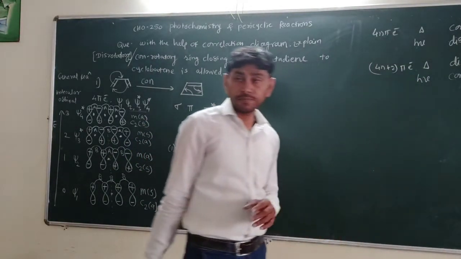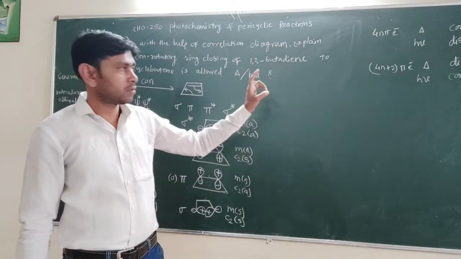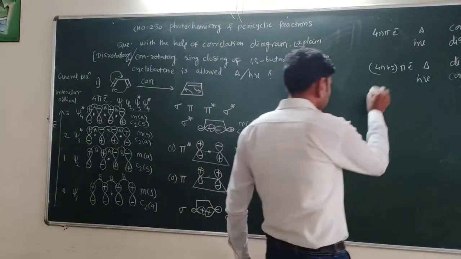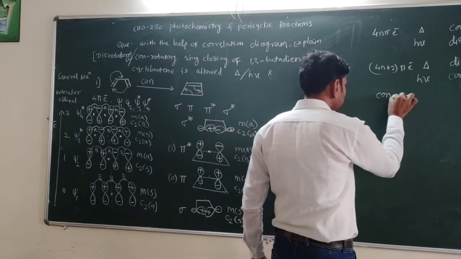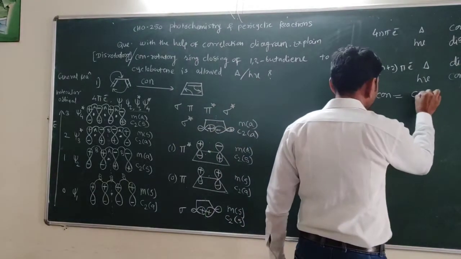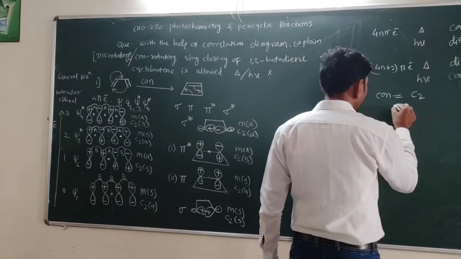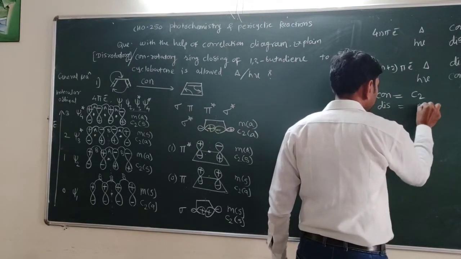Now, in the last lecture, we showed that conrotatory motion is always associated with C2 symmetry, and disrotatory motion is always associated with M symmetry.